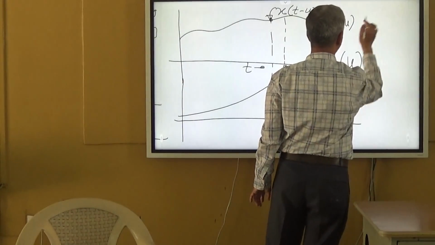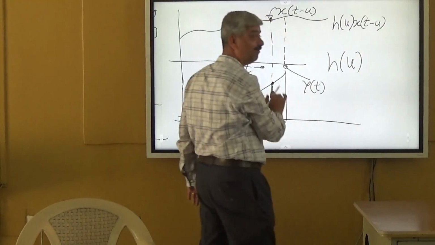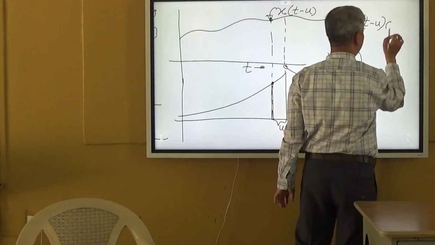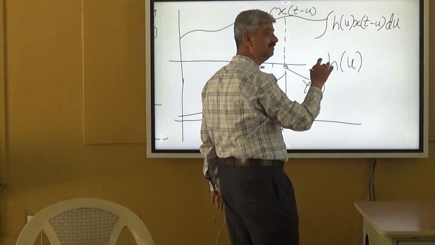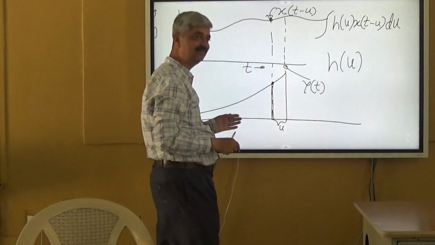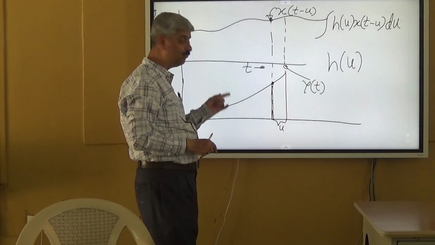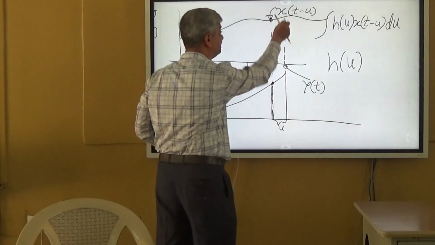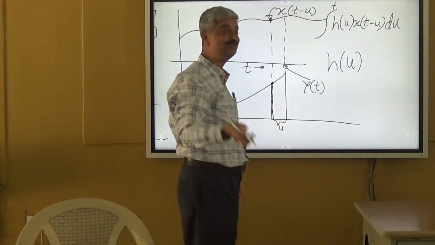And what is the area of the strip? It is the height of these two times the width, delta u. And this to be integrated from where? 0 to where? Till this. And from where it should be? 0.